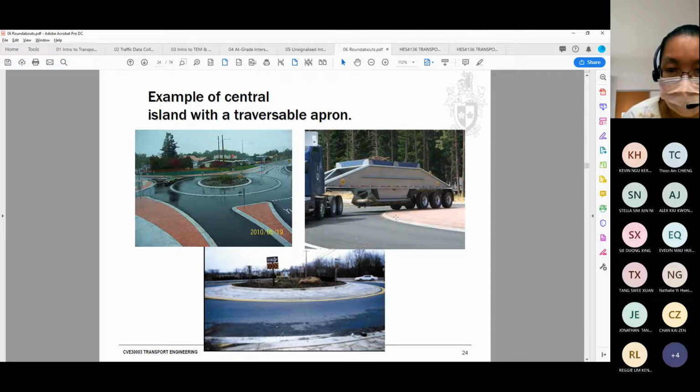If you have considered that, then we can address it through our design, perhaps by putting in a concreted apron, which is also considered part of the central island.